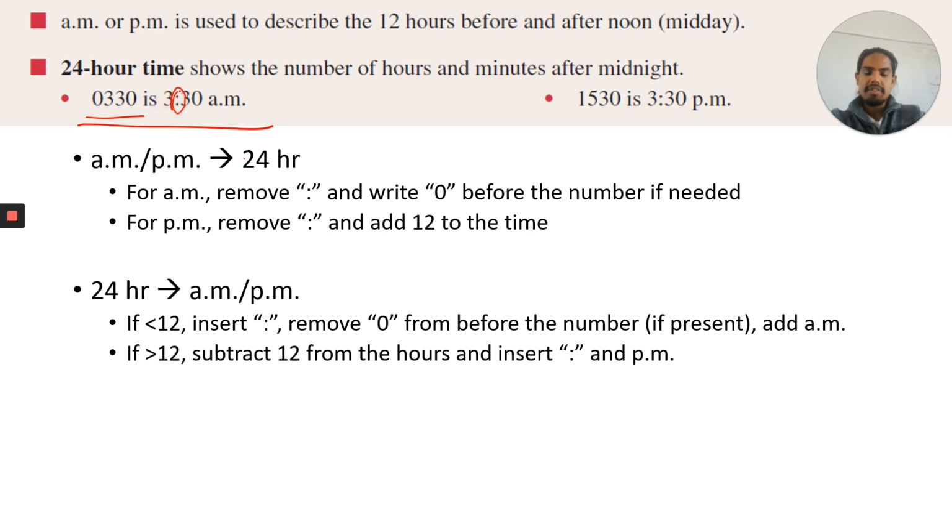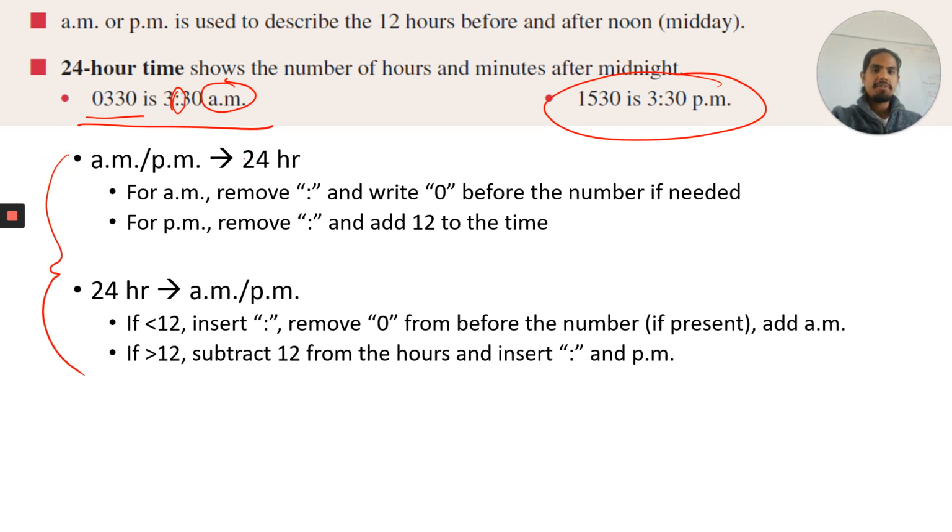There is no symbol between the hours and minutes, and we don't use the AM or PM for 24-hour time. But note that once we go into PM, we start to have a bit of a difference here. So here are your rules on how to convert between the two. If you need to pause and just have a look, feel free.